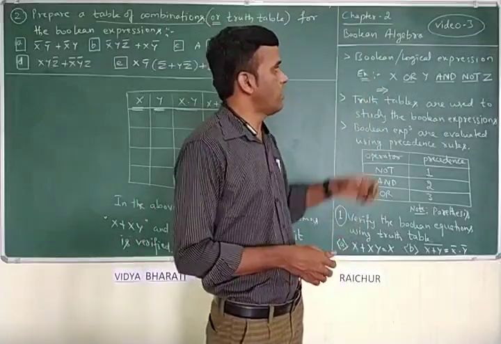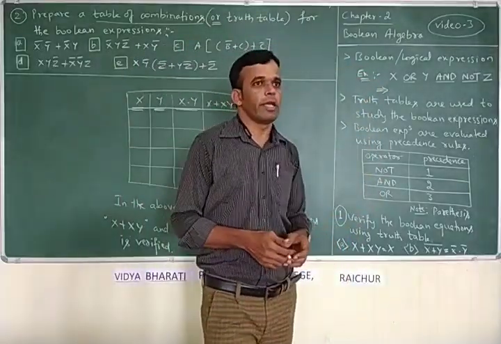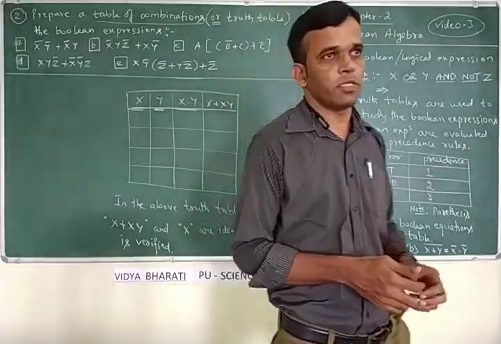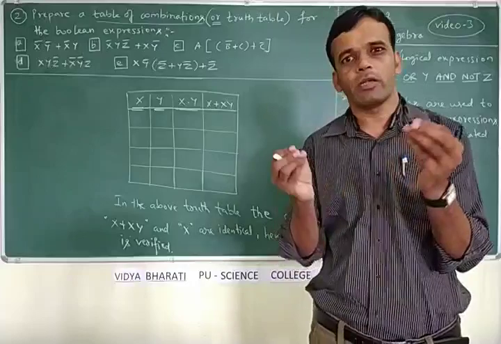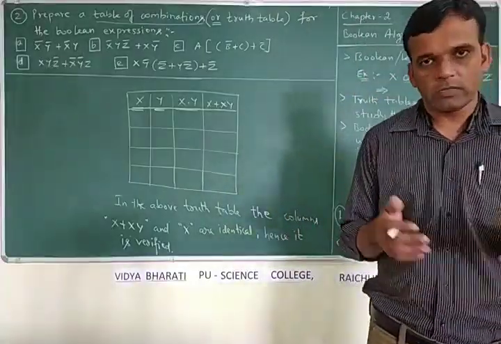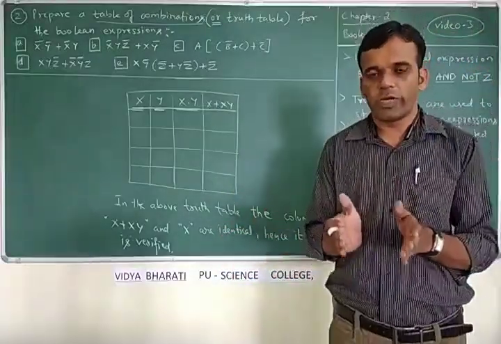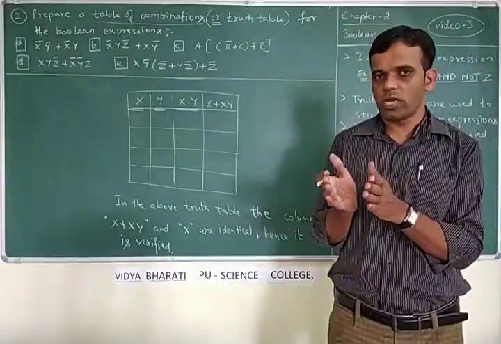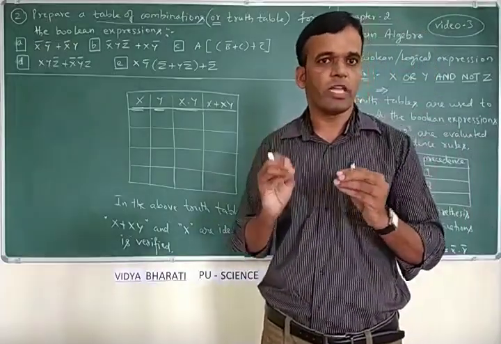First of all, just remember what we mean by a Boolean expression or logical expression. It's an expression containing only logical operators and binary valued quantities. Binary valued quantities may be either variables or values. Variables should have either 0 or 1, or else you have to consider 0 or 1 for the given variables.